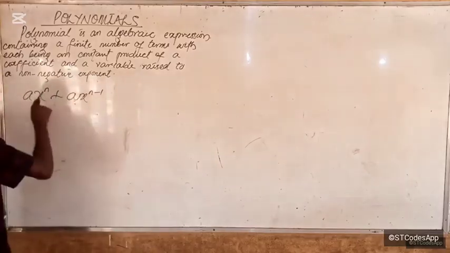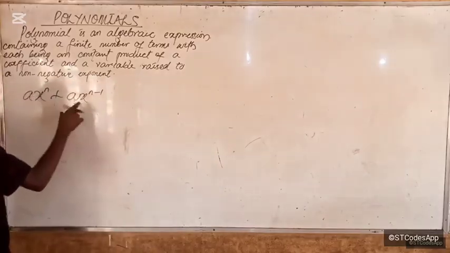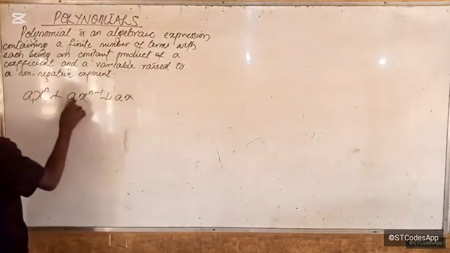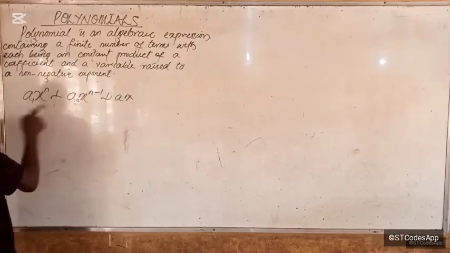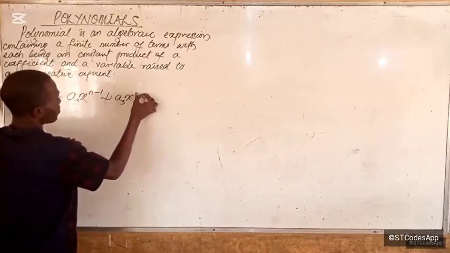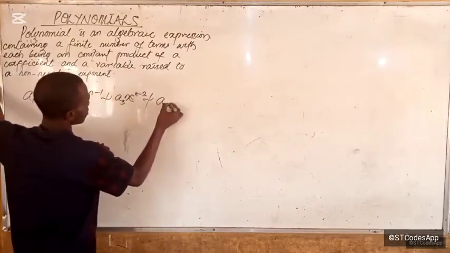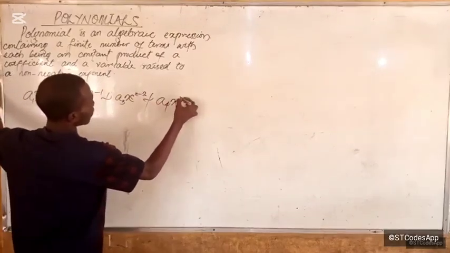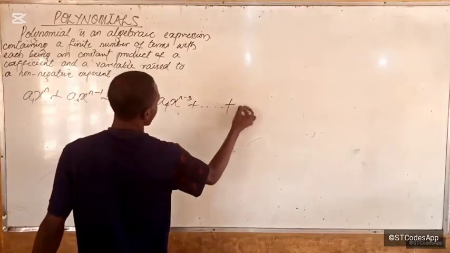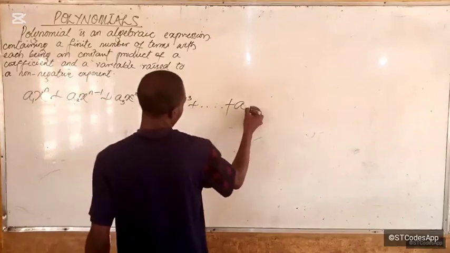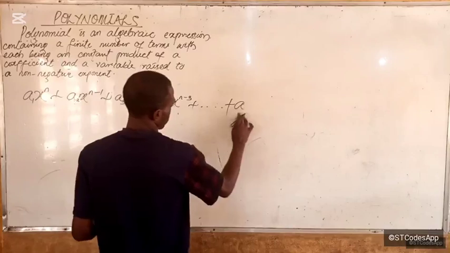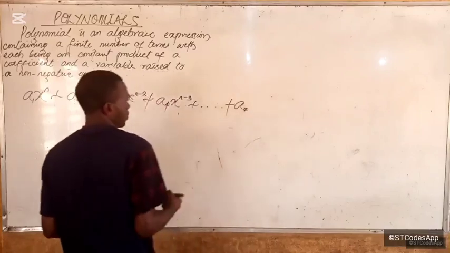So what I'm saying invariably is that the next terms have lesser powers. So this will be like a sub 1, a sub 2, because they could be different. Is that okay? A sub 1, a sub 2, a sub 3, x raised to the power n minus 2, plus a sub 4, x raised to the power n minus 3, plus dot, dot, dot, plus a sub whatever, maybe m, because it could be any number of terms.